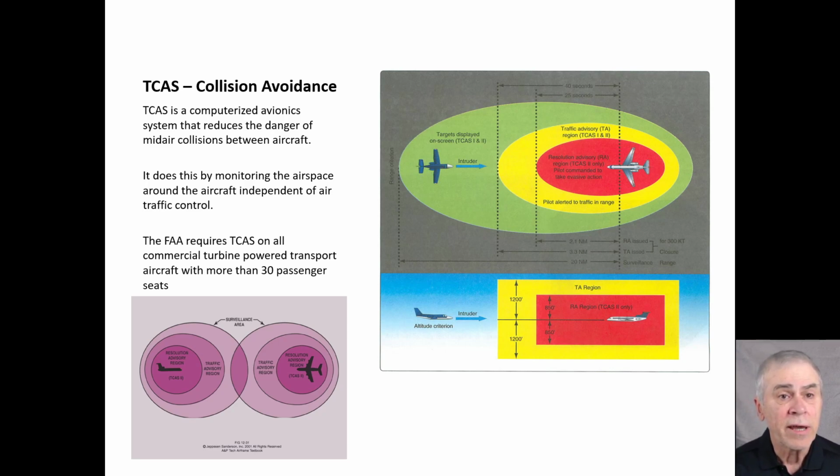Must have TCAS. There was a mid-air collision, I think a congressman over the Grand Canyon or something like that, which made it required. And it works a little bit like GPWS. Only instead of the ground, it's monitoring for intruders.